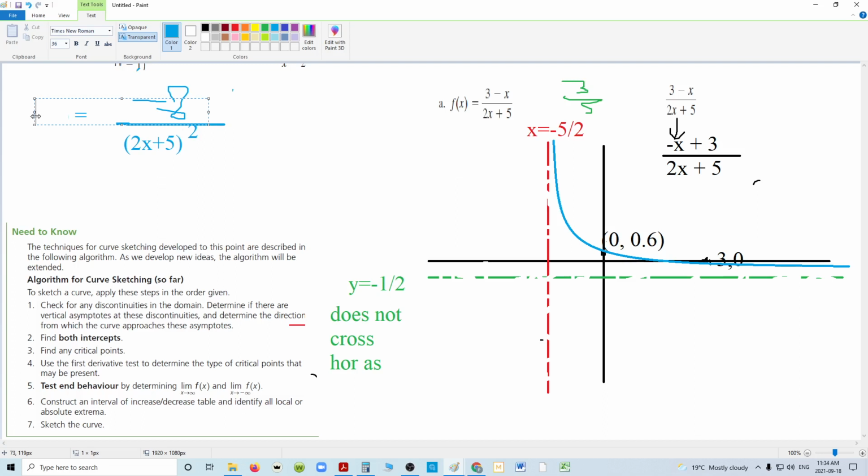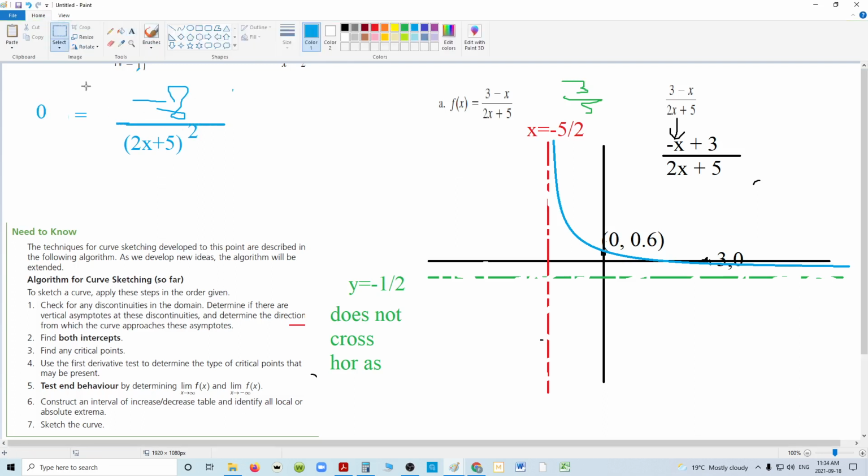And obviously when I multiply both sides by 2x plus 5 squared, over 1 on both sides, I can't put it over there, but it's over there. This is how you get rid of the denominator. It'll cancel out here, and when it multiplies 0 over here, it'll become 0. So I'm left with this.